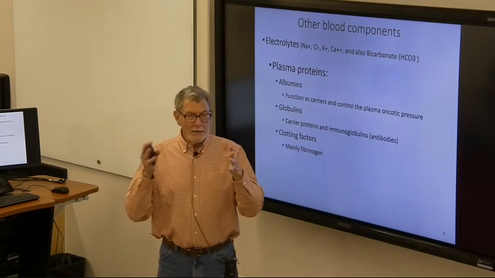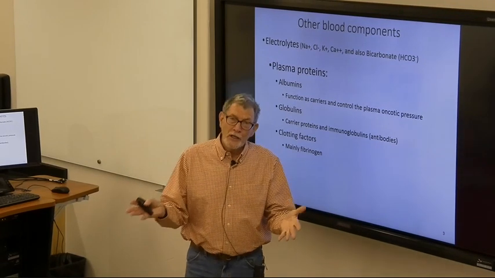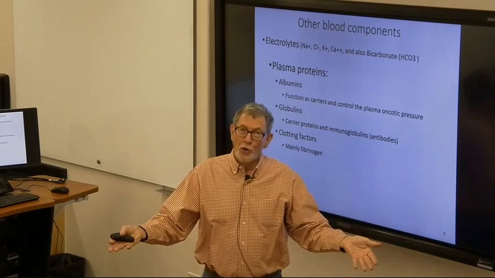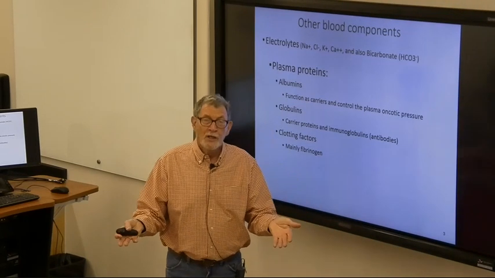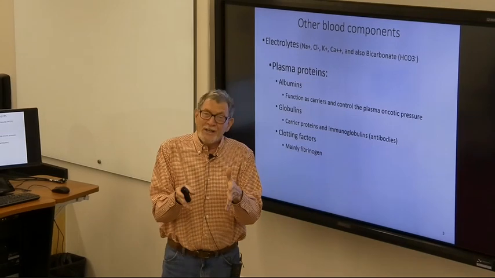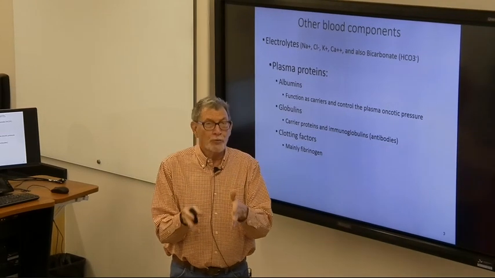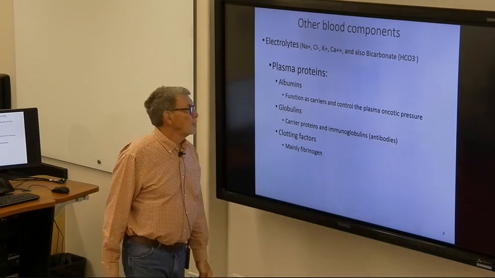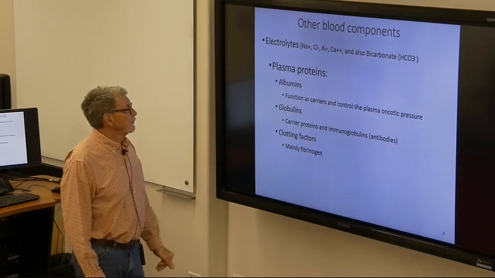One is to add osmolarity to keep your blood pressure from pushing all the fluid out into the tissues. So the capillary oncotic pressures, or osmotic pressures, are maintained partly by those plasma proteins.